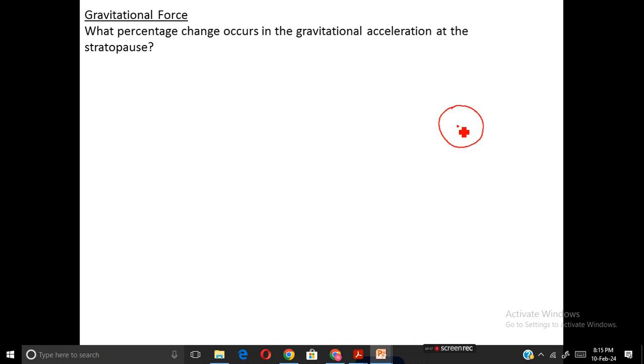So this is the earth, having a mass M. If there is another body having a small mass m, there is a force acting on it, which is the gravitational force. So gravitational force is given by G M m by r square. Here the body is on the earth's surface, and r is the radius.